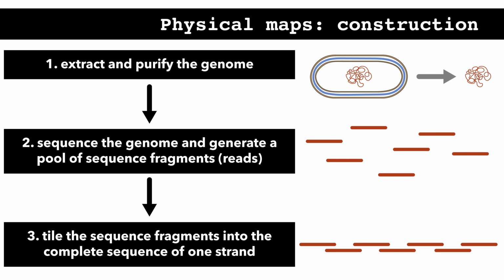But the general theme in sequencing advances is cheaper, faster, longer, and better sequence reads. By sequence reads, I mean sequence fragments. Sequence reads are getting longer and longer. As of now, the longest sequence reads are at about 100,000 nucleotides in length. However, most people are using technologies that generate sequence reads that are a few hundred to thousands of nucleotides long.